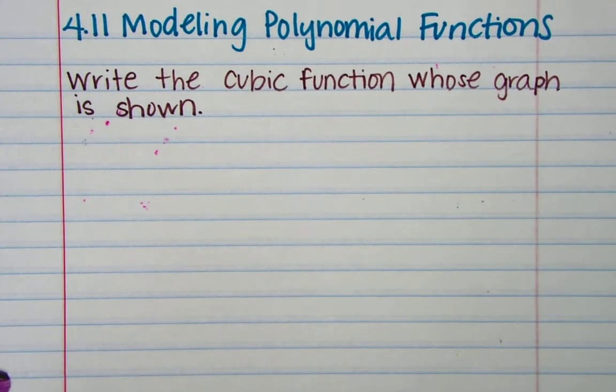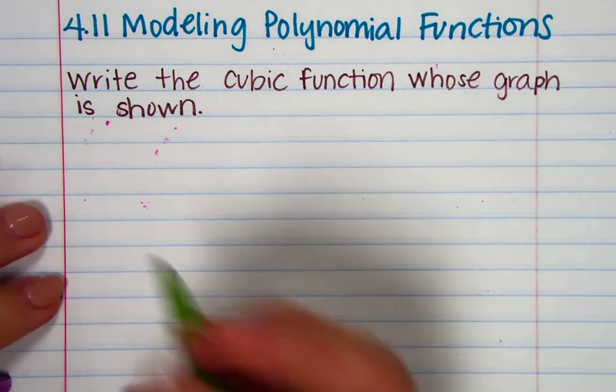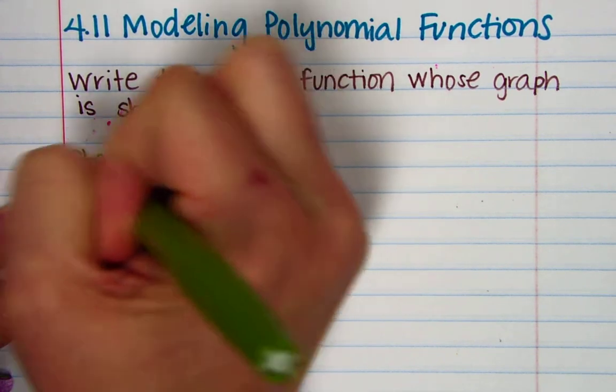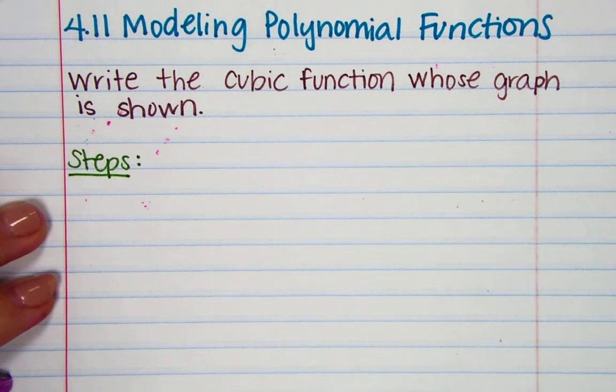So they're going to give us a graph, and we have to write the function based on the graph. Okay, and we're going to write down the steps. They probably don't mean anything to you at first, but don't worry about it. I'm going to explain what they mean after we write them down.